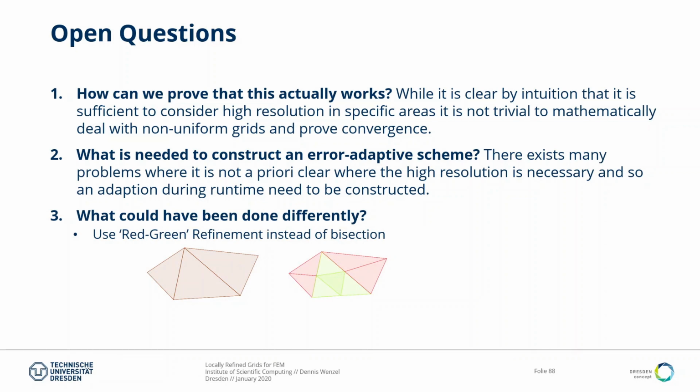That's what it's called. So instead of bisecting and simply cutting triangles in half, there is a different approach. It uses a combination of so-called green refinements and red refinements, which are basically our bisections. The advantage of red-green, as you see here, is that it cuts one cell into 4 subcells and then does a bisection.